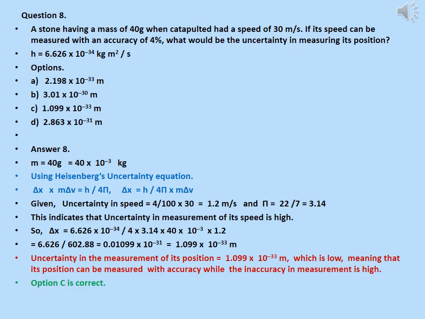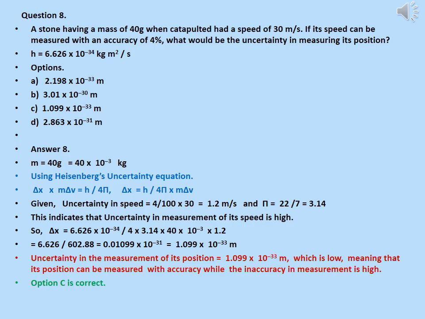Substituting the values, 6.626 × 10^-34 divided by 4 × 22/7 (3.14) × 40 × 10^-3, that is the mass, × Δv, which is 1.2.